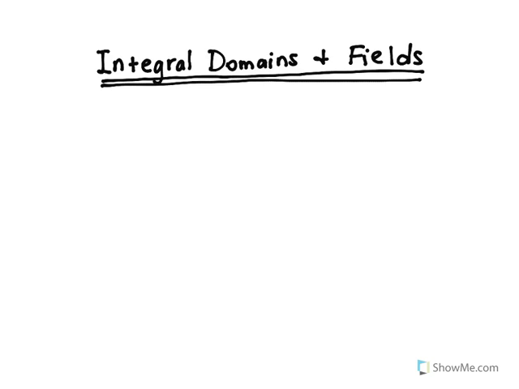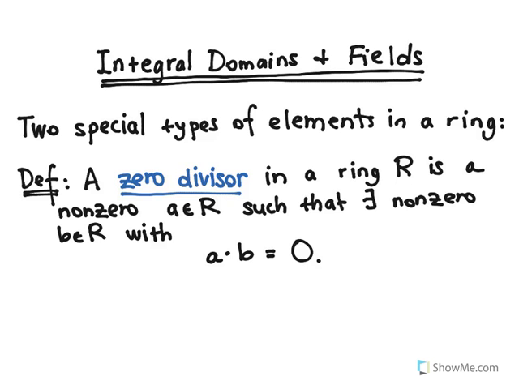So to tell you about what these are, I have to first tell you about two special types of elements inside of a ring. The first special type of element is what's called a zero divisor, which roughly speaking is an element in the ring that I could multiply by something non-zero to get zero.